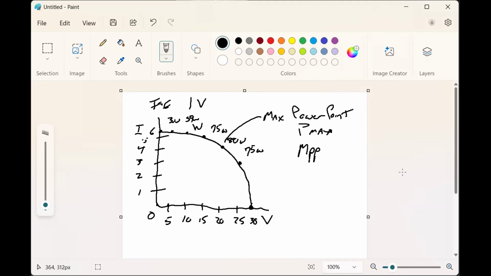Then there's the maximum voltage. Well, that's VOC, voltage open circuit. Once again, at VOC, you're generating zero power. So that's a bad situation, and ISC is a bad situation. Those are the theoretical maximum amperage for ISC and the theoretical maximum voltage for VOC.